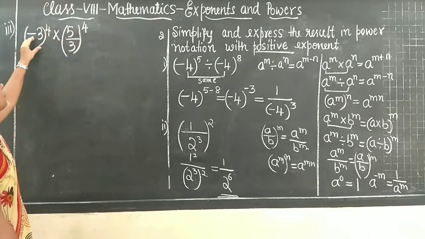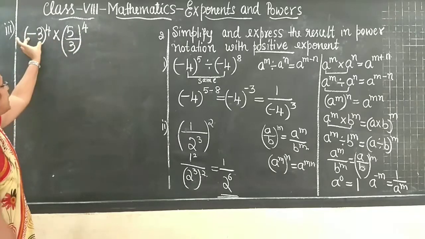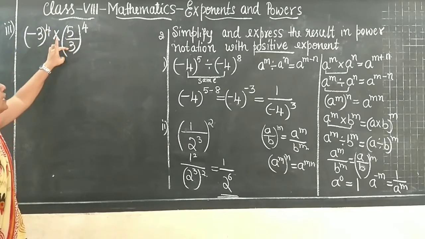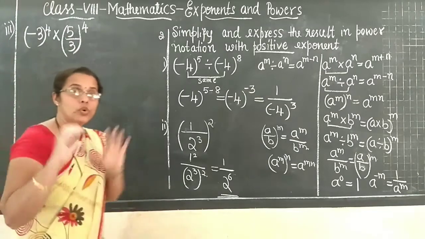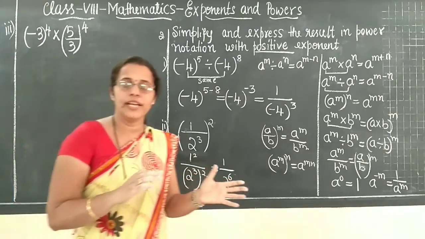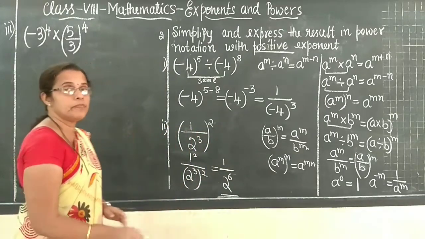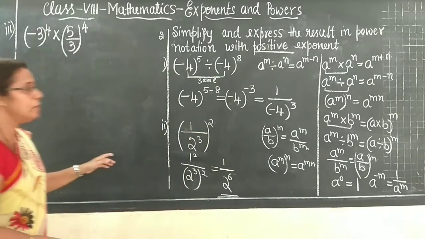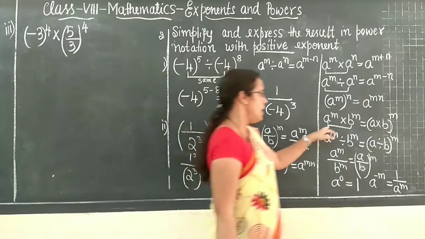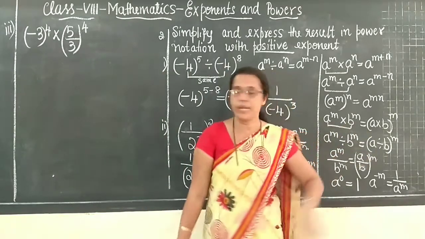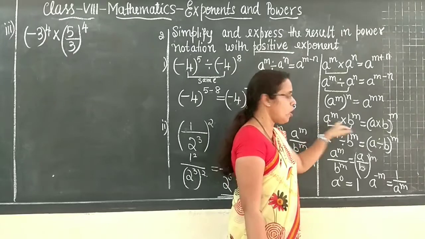Power is the same, but the bases are different. This is minus 3, this is 5 by 3. First your work is to see what is different, the bases or the powers. If the bases are different and the powers are the same, which law can I use? We can use the fourth law.